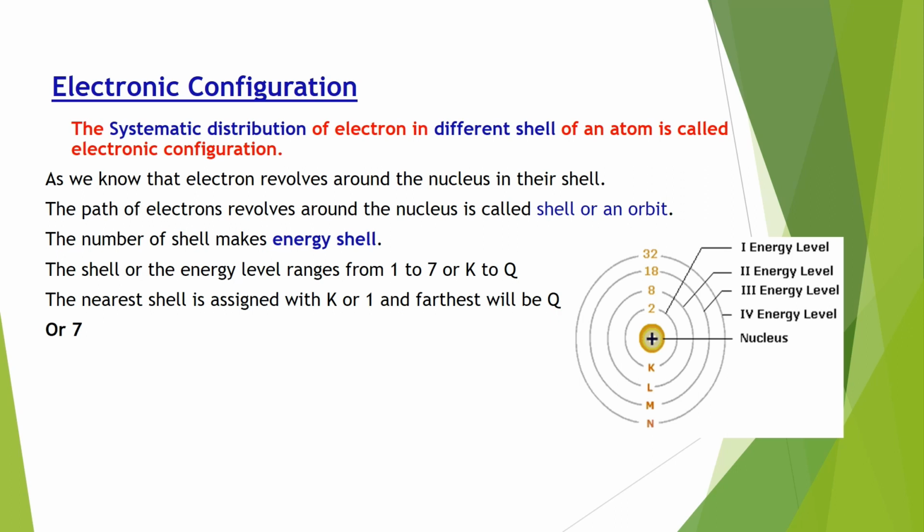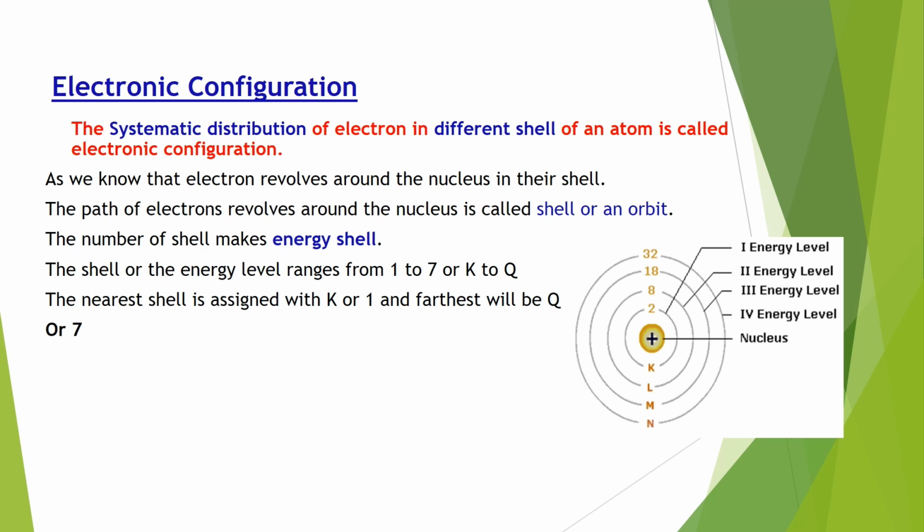There are different numbers of shells, and they may vary from 1 to 7. The shell which lies nearest to the nucleus is assigned 1, and in that way the next will be 2, the next 3, and so on.